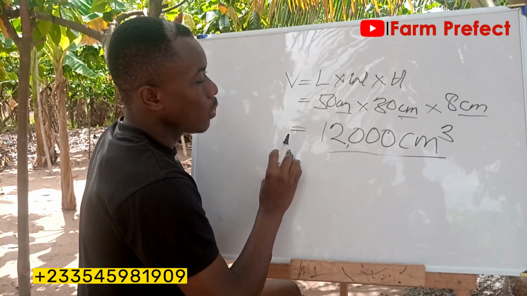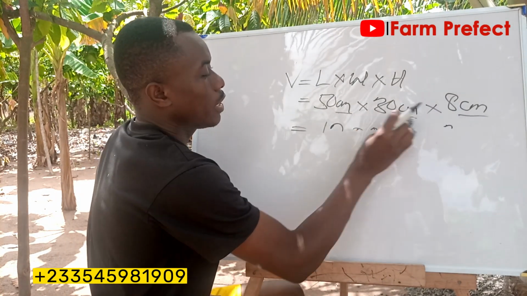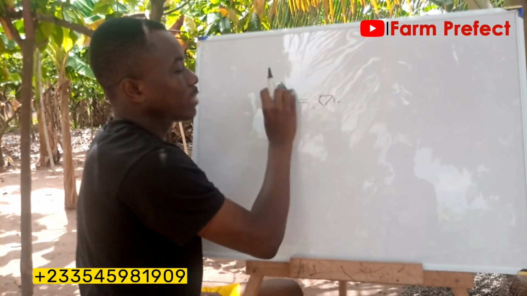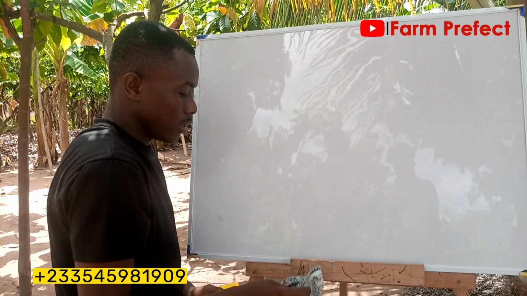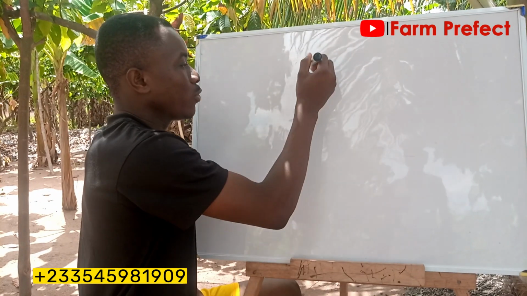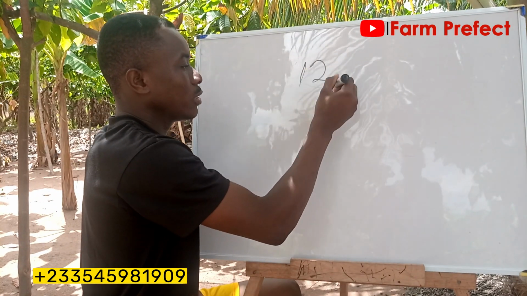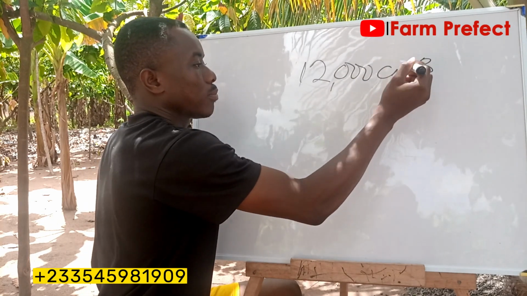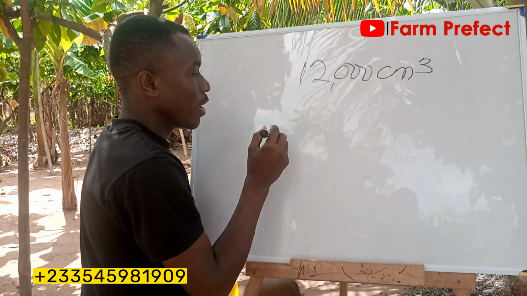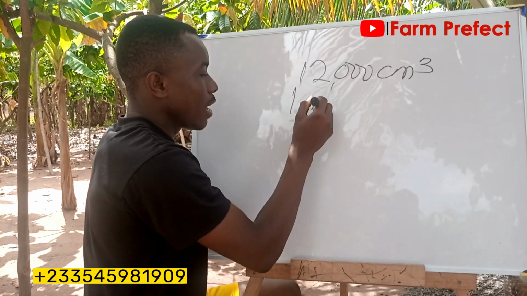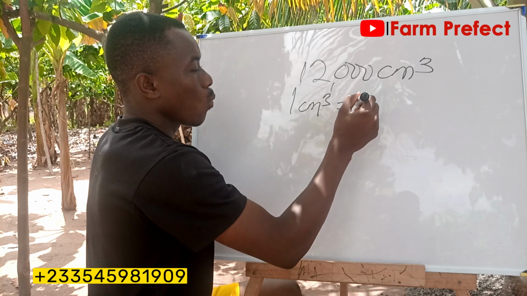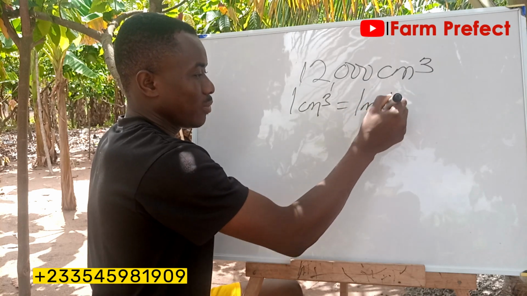Now, there are standard conversion values. According to standard conversion, now remember what we are trying to convert is 12,000 cm cube. 1 cm cube is equal to 1 mil.